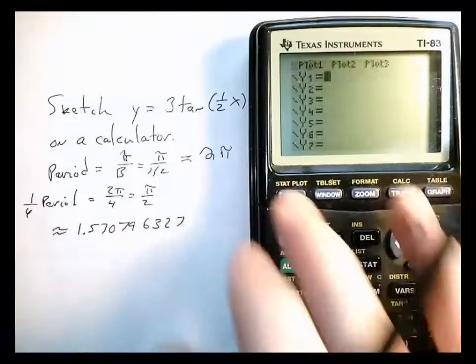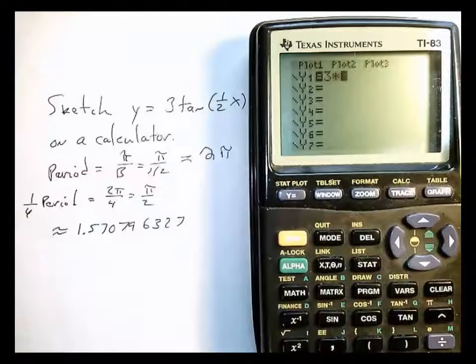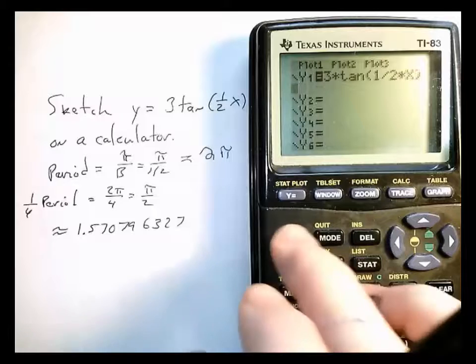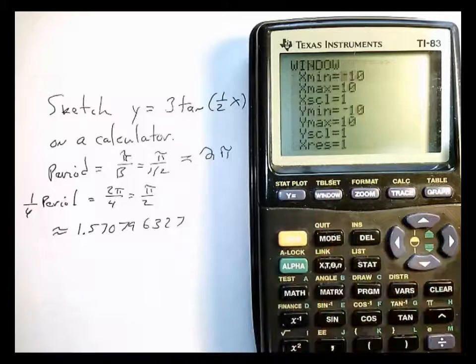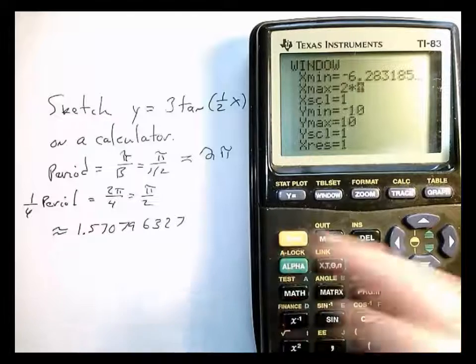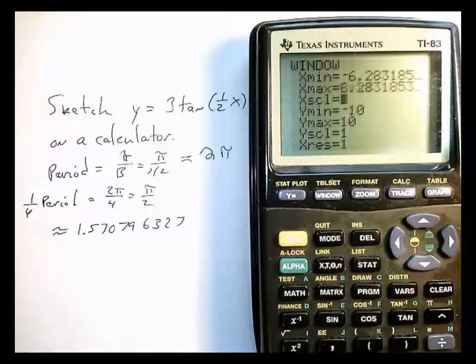So I'll type this function in here. I have 3 times the tangent of 1 divided by 2 times x. And I need the right window. So if the period is 2 pi, I might go 2 periods, from negative 2 pi to positive 2 pi. So go negative 2 times pi to 2 times pi.